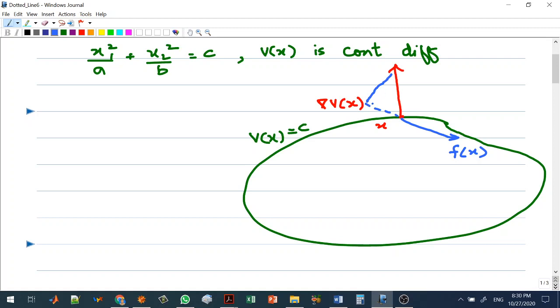We drop a projection and we are considering this blue, thick part. This is given as gradient of V dot f(x). And we see that if the vector field is pointing inwards, then this quantity is negative, right?